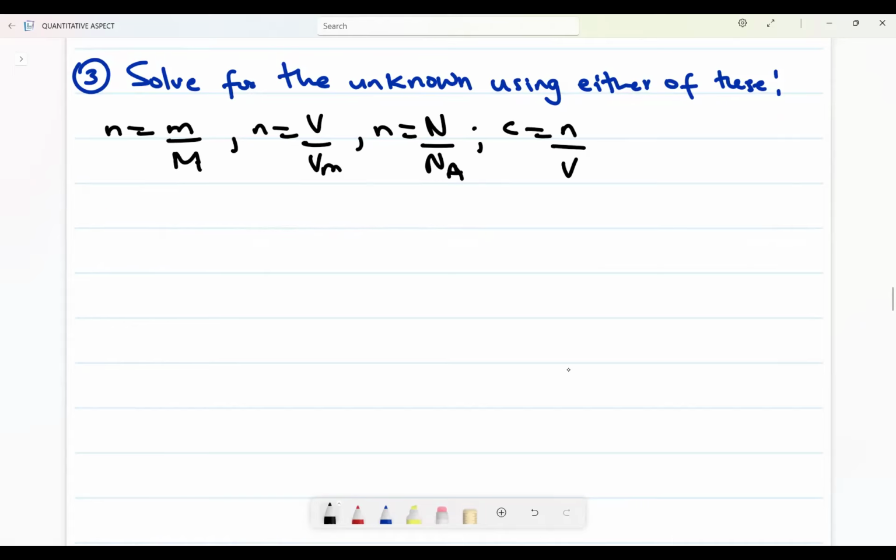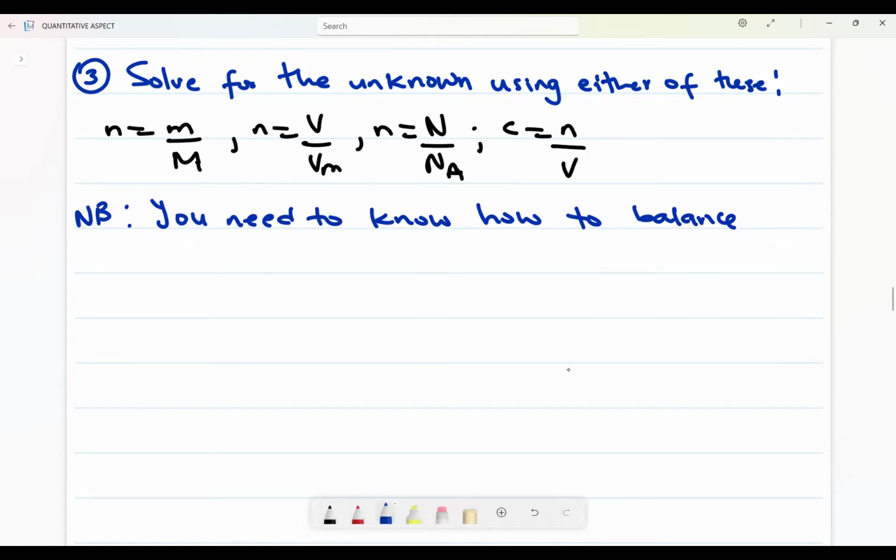Another thing you need to know before I move on to examples. This is very important. NB, you need to know how to balance a chemical equation. Very, very, very important. If you do not know how to balance a chemical equation, you will get answers incorrect.